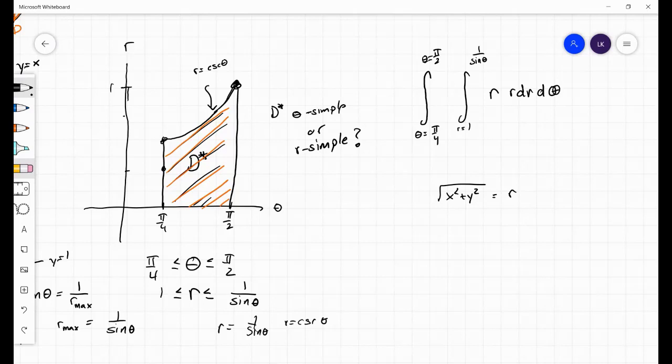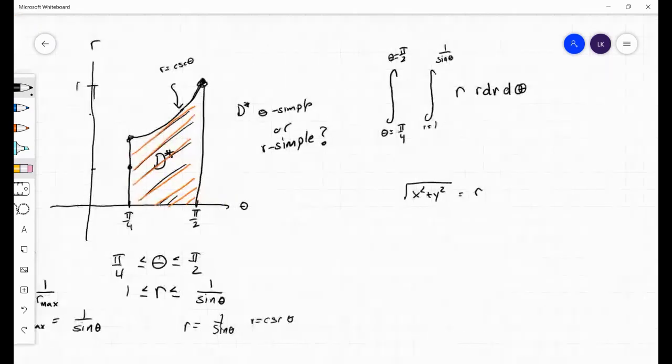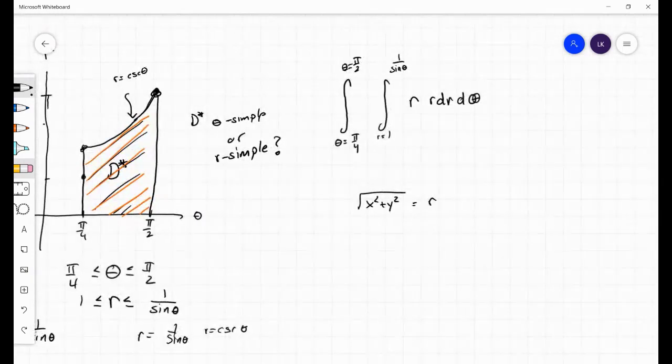So then this integral is doable, I guess. I think it's going to be the integral of cosecant cubed.